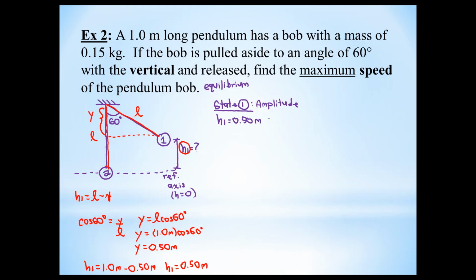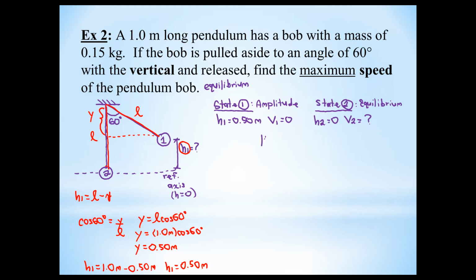And we're releasing it from rest, so v1 is 0. And then state 2 is the equilibrium state. So at equilibrium, our reference axis passes through it, so there's no height. And then v2 is what we're trying to solve.